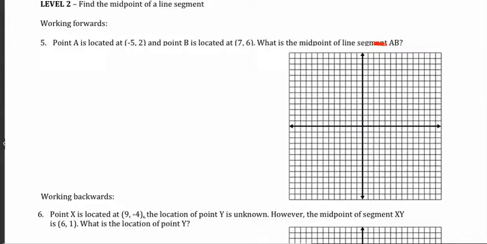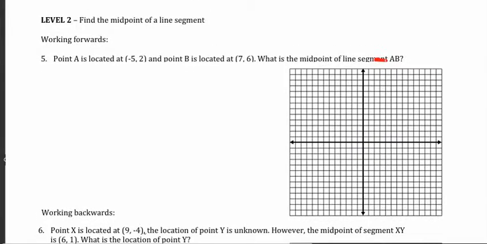So let's start with the most basic. The most basic is when we're given both endpoints. So we're going to use this graph as well, and this will help us see what's going on. So here we have point A at -5, 2.